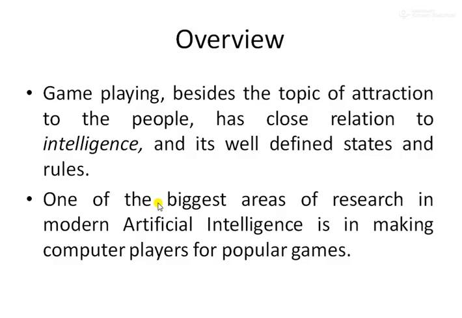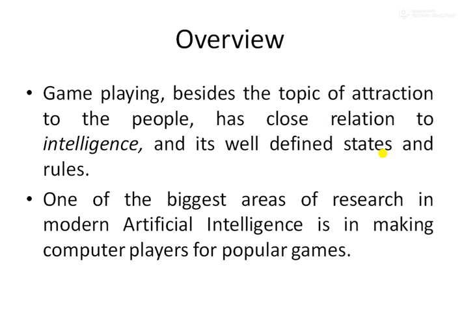Game playing, besides being a topic of attraction to people, has a close relation to intelligence and its well-defined states and rules. So here, when I mention the terms intelligence and well-defined rules and states, it means that there are lots of games available in and around us where, for playing the games, we require some intelligence. Suppose I consider the game chess.